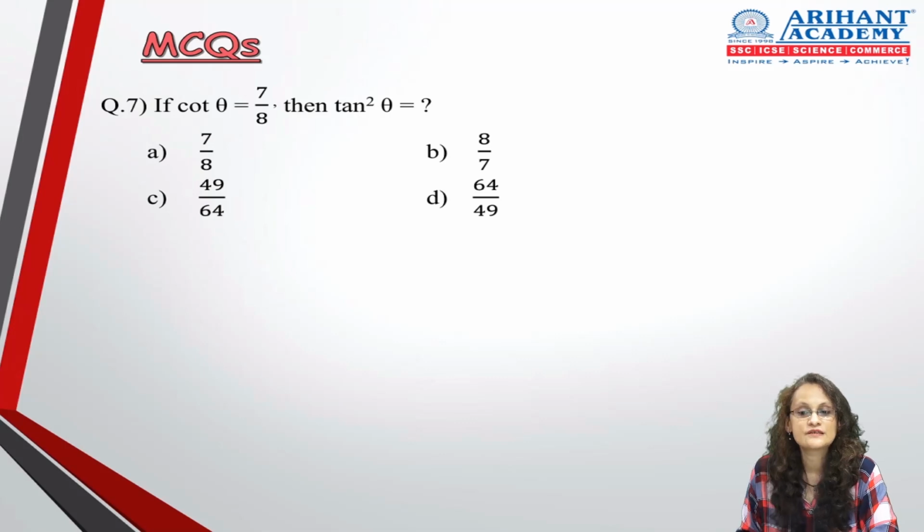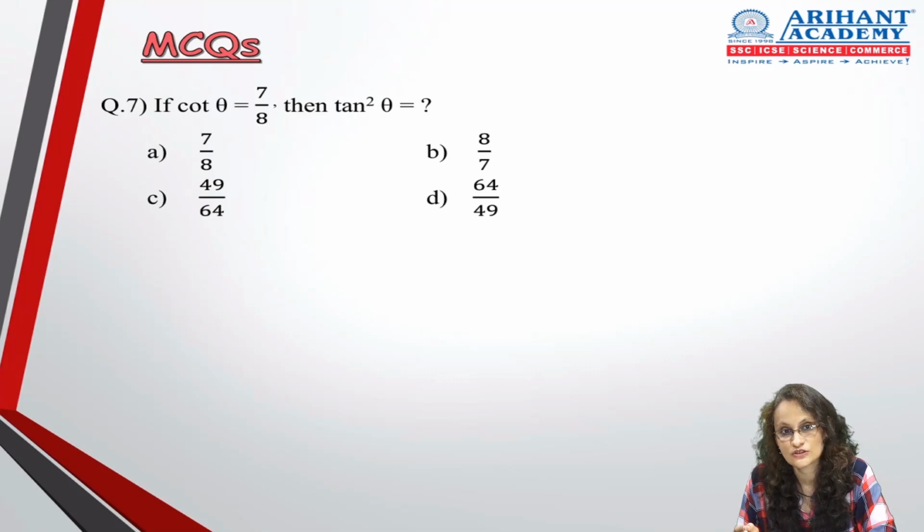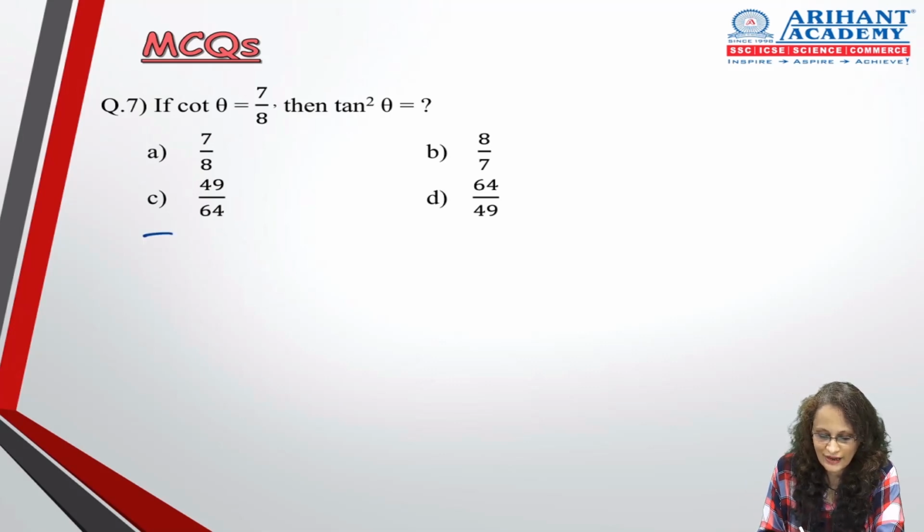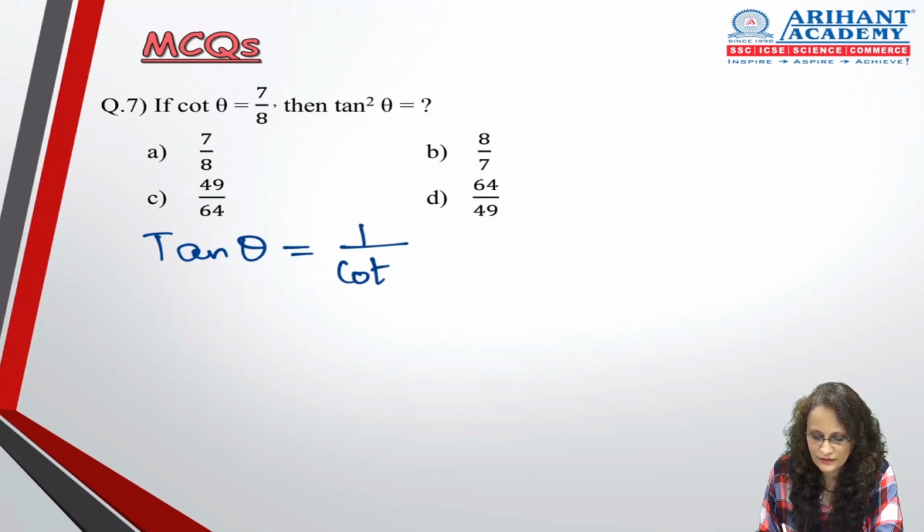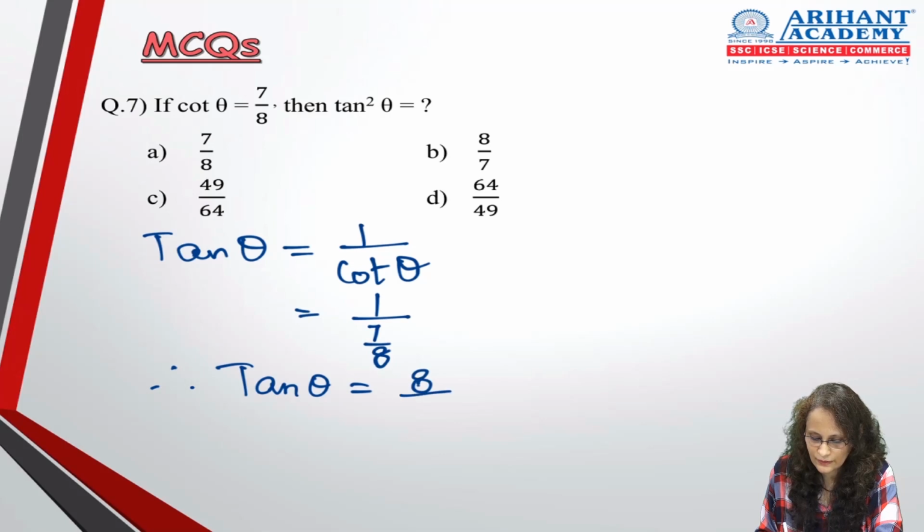Let's take one more MCQ based on this point. If cot theta is 7 upon 8, then tan square theta is equal to what? I repeat, if cot theta is 7 upon 8, then tan square theta is how much? Now I know for a fact that tan theta is 1 upon cot theta. So this will become 1 upon 7 upon 8. So I will get, therefore, tan theta is equal to 8 upon 7.